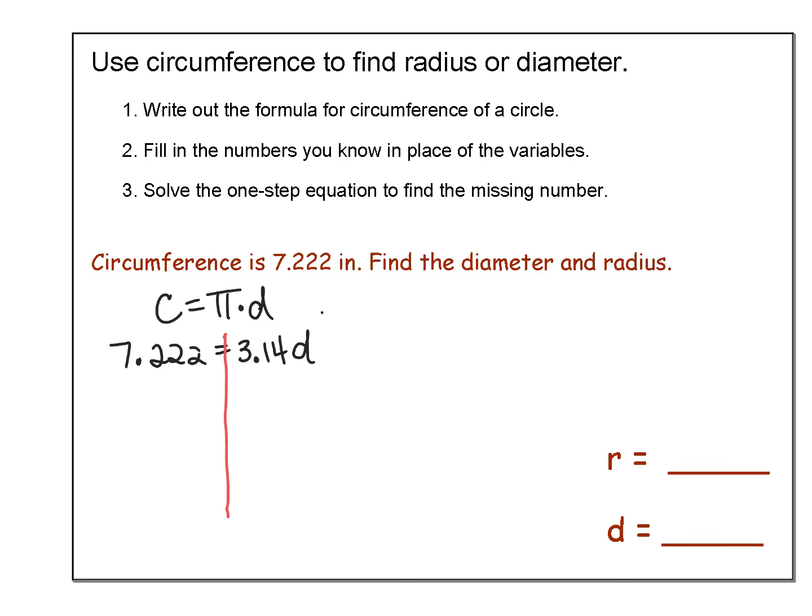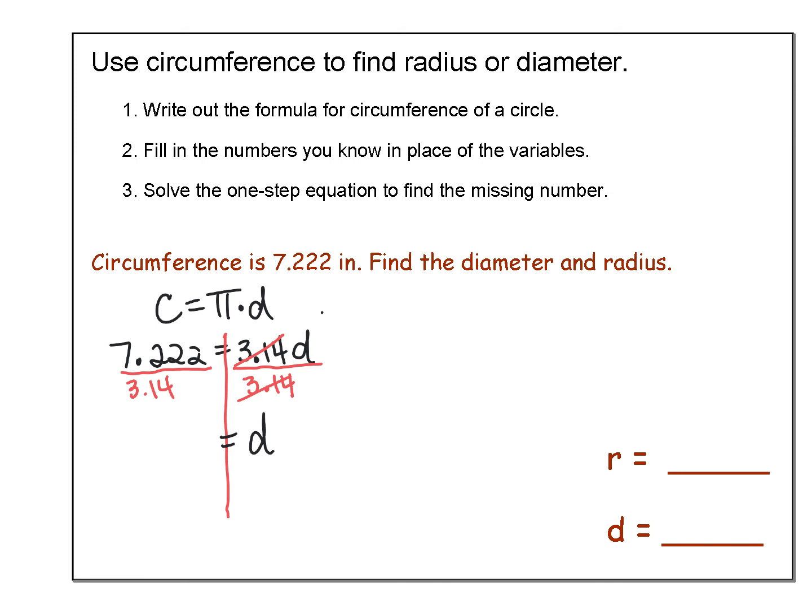And since 3.14 is multiplying times the diameter, if we divide by 3.14 here, 3.14 divided by 3.14 cancels out on that right side, so that we're just left with D. And whatever we do to one side of our equation, we always do to the other. So if we divided by 3.14 on the right, then we have to divide by 3.14 on the left.